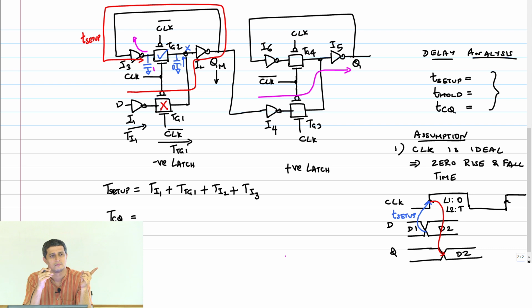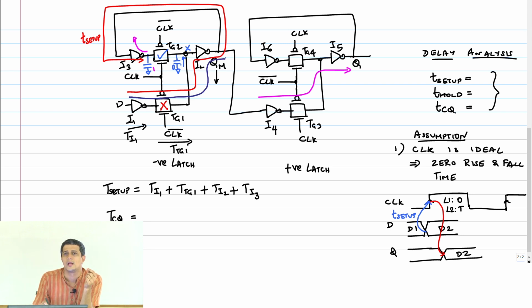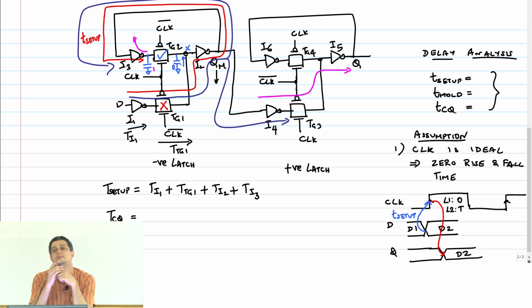That's the point. You don't need I4 because my signal has already propagated through I2. Remember, right? You see how the signal is coming. It's basically coming in like when it traces this path and comes here. By the time the signal goes all around like this, the signal would have also gone here.